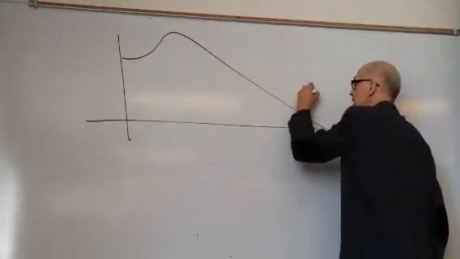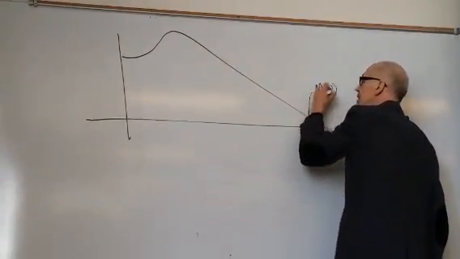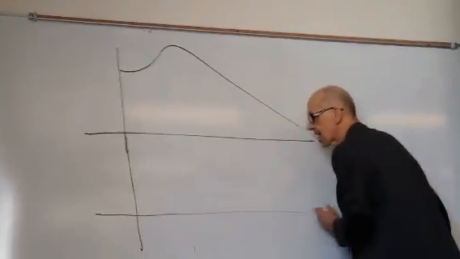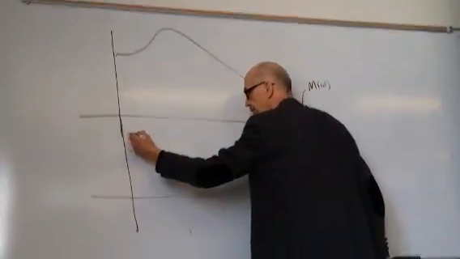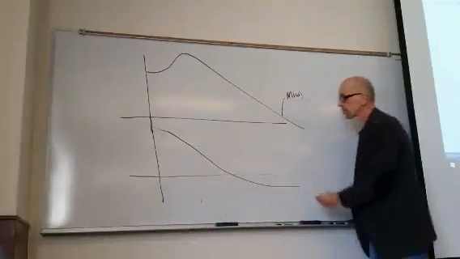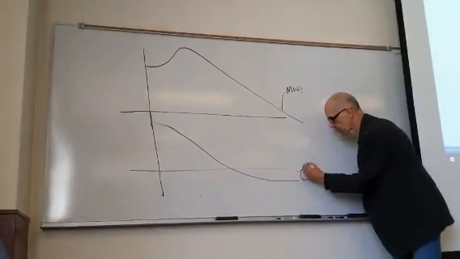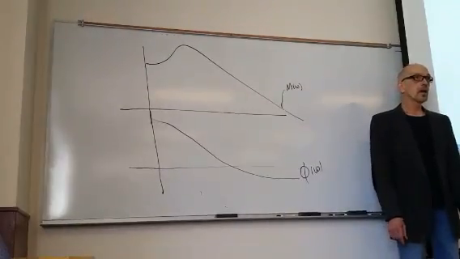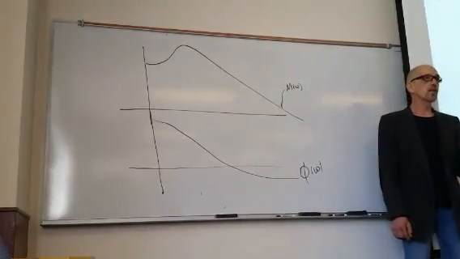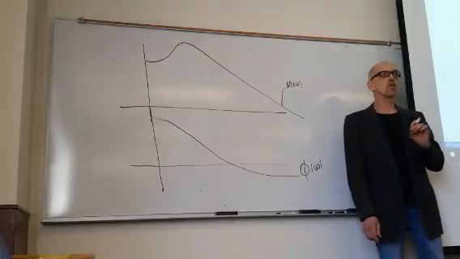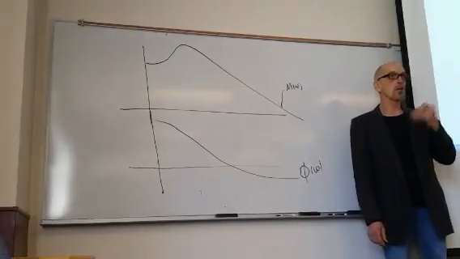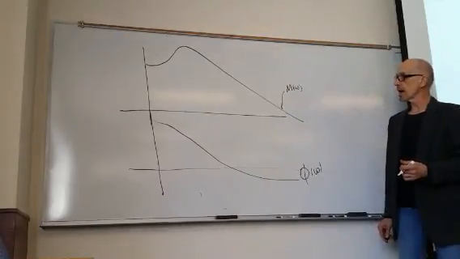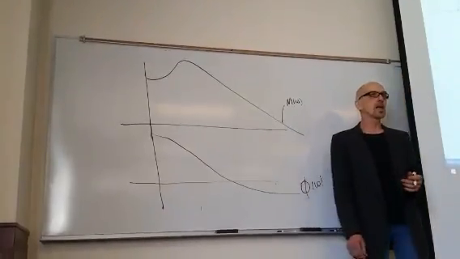This is M of omega in dB, and this is theta of omega, or phi of omega, whatever you want to call it. Okay? So now, let's go to the first case where we don't specify a theta or an omega crossover.